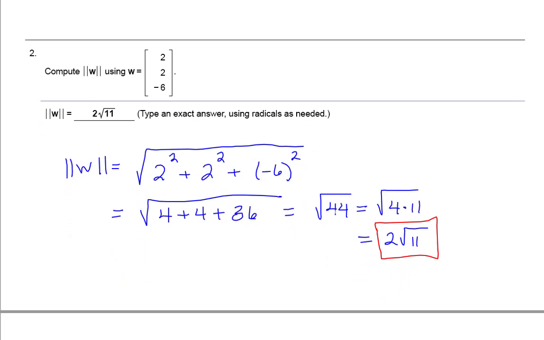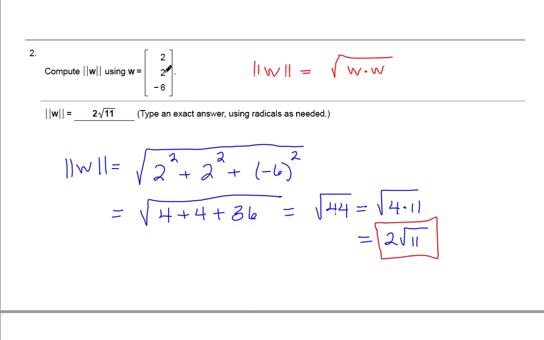Now we can also find the magnitude of a vector. And so this magnitude is the square root of the dot product. Okay, so the magnitude of w is simply w dot w and then the square root.